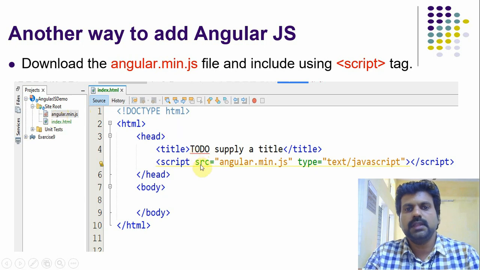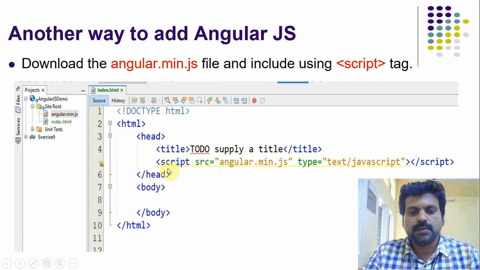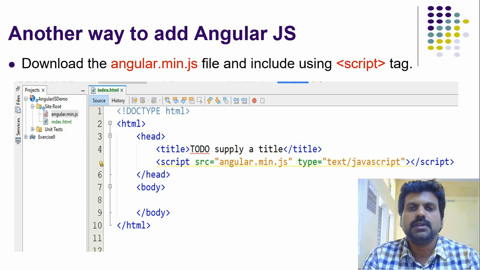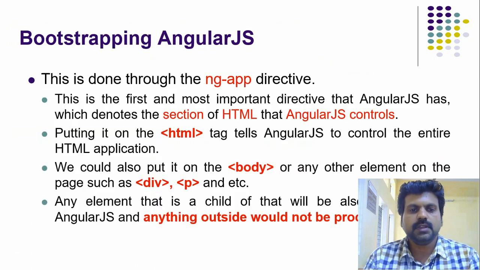You can then link it inside the HTML program using script src, giving only the angular.min.js file name. So you can keep the file locally in your system and link it. This is another way of including the AngularJS file.